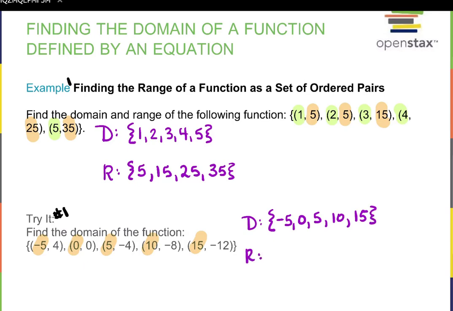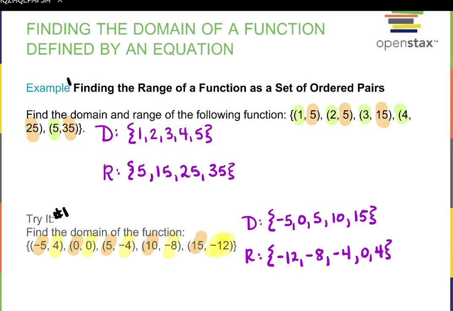And then the range, 4, 0, -4, -8, -12. So if I listed them in order, the smallest is -12, then -8, then -4, then 0, then 4. There we go. So we have found the domain, we have found the range.